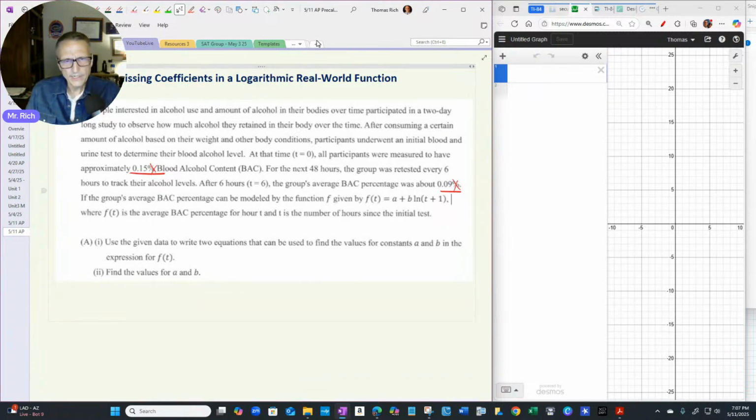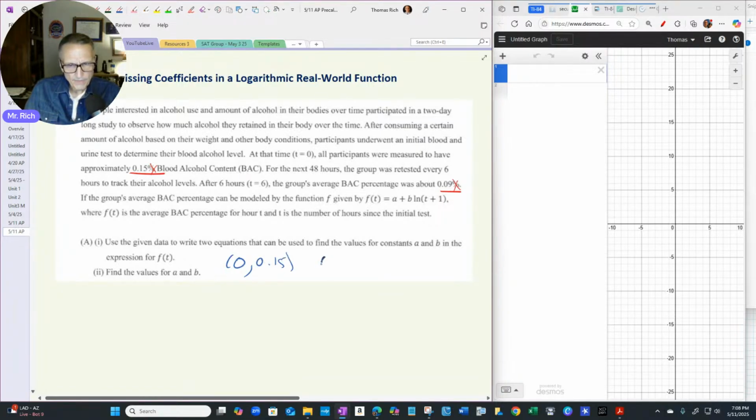Well, they just want us to take two ordered pairs. When time t is 0, the BAC was 0.15, and when t is 6, it was down at 0.09. So what we're going to do is plug in each of these ordered pairs.